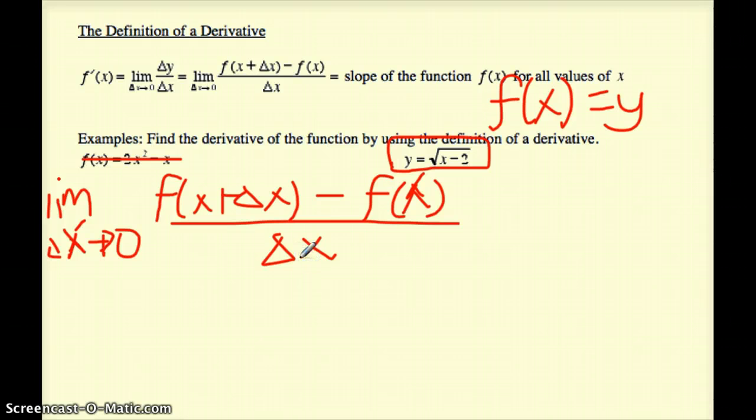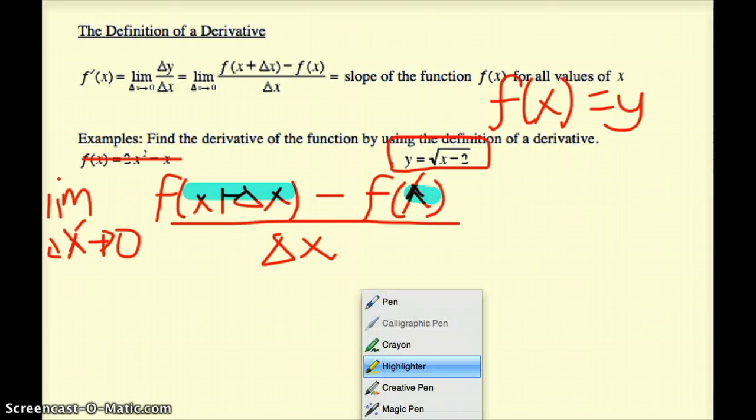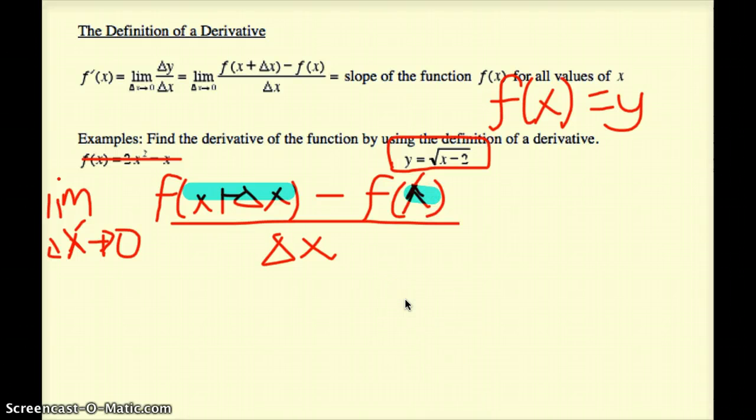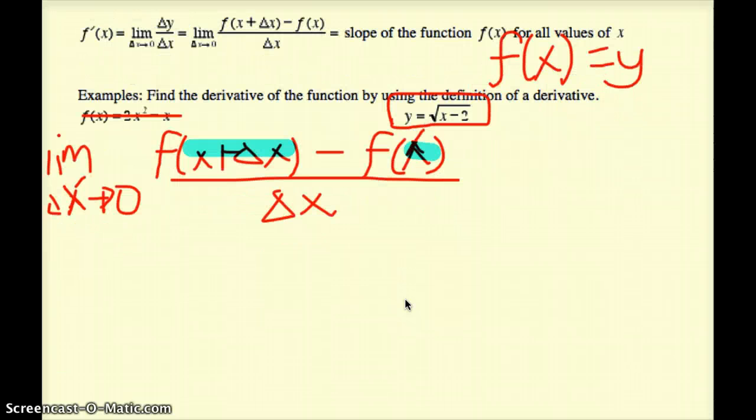So I'm going to plug this notation in anytime I see the equation. Okay, so let's go ahead and do that. Just scroll down right here.